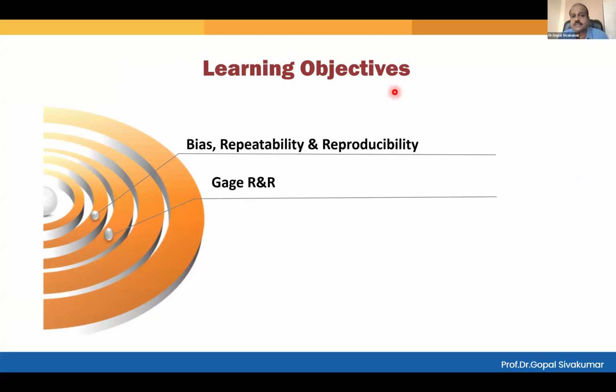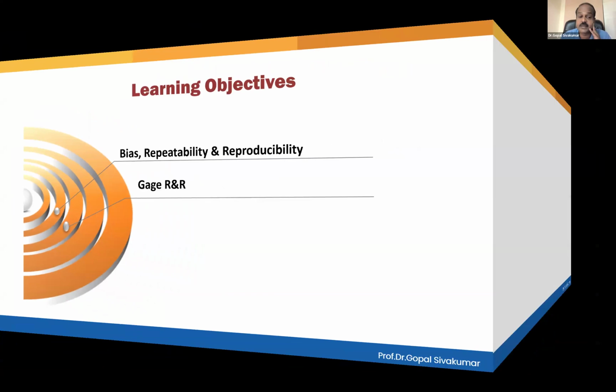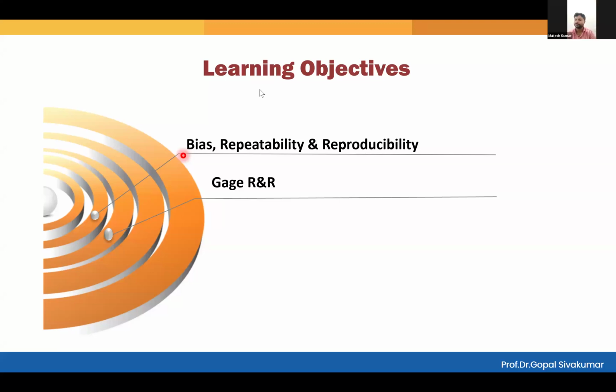And then measurement system analysis, you remember I explained bias, repeatability, reproducibility, and gauge R&R. Gauge R&R, I did not talk about; now I will tell you. I think all of you understand what precision error is. It is the sum of repeatability error and reproducibility error.